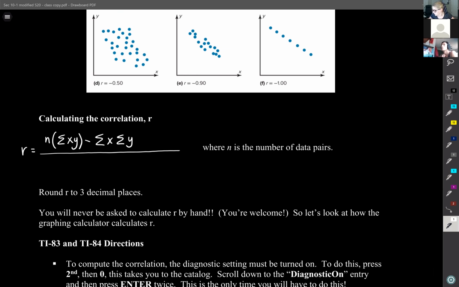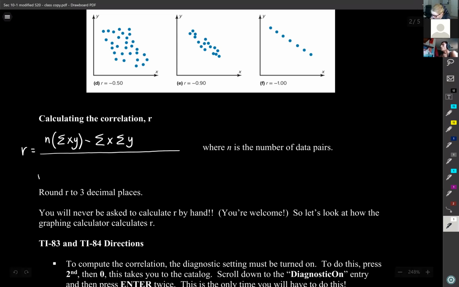Okay, this is a different formula. Hold on. I think I got it. Okay, yeah, we're good. All right, so on the bottom now, it's even uglier, if you can believe it.